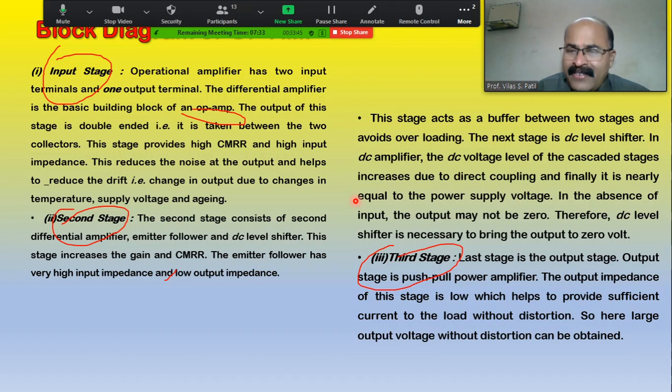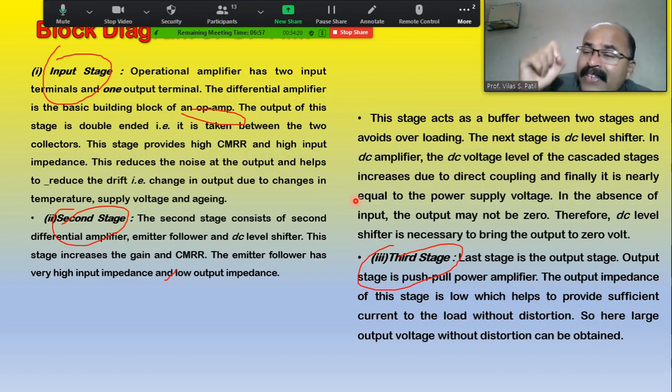But in different cases, due to the overload of the cascade application of the direct coupling, the output will increase, meaning it is positive, or decrease, meaning it is negative, that is, greater than 0 or less than 0. We know that the differential amplifier requires calibration, which means we have to set the output to 0.